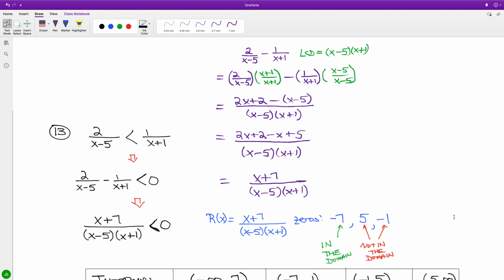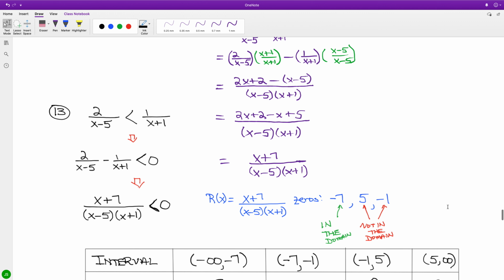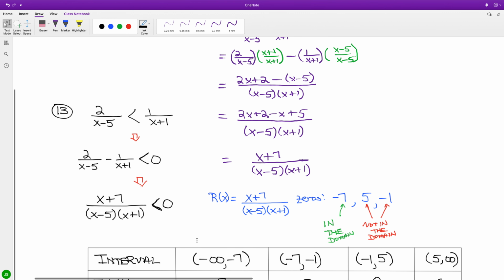And we set up a table of intervals revolved about these zeros. So we have those values from negative infinity approaching negative 7, which is the smallest of the 3 zeros. Then bypassing negative 7 approaching the next smallest zero, which is negative 1. And then bypassing negative 1 approaching the last of the zeros, which is 5.